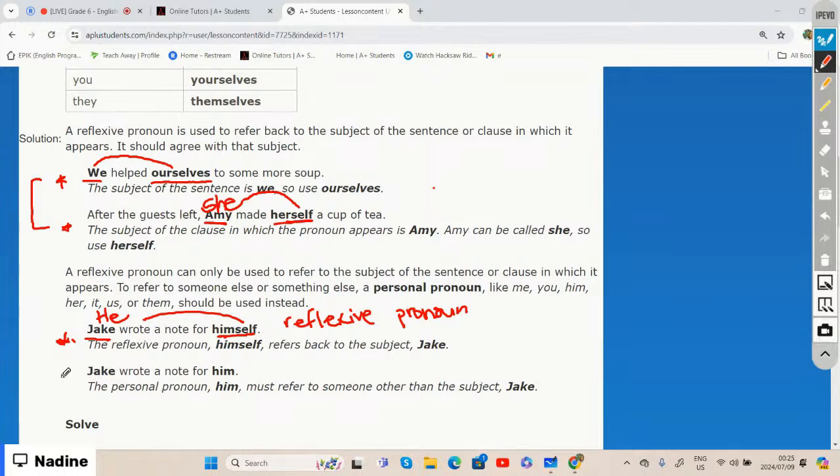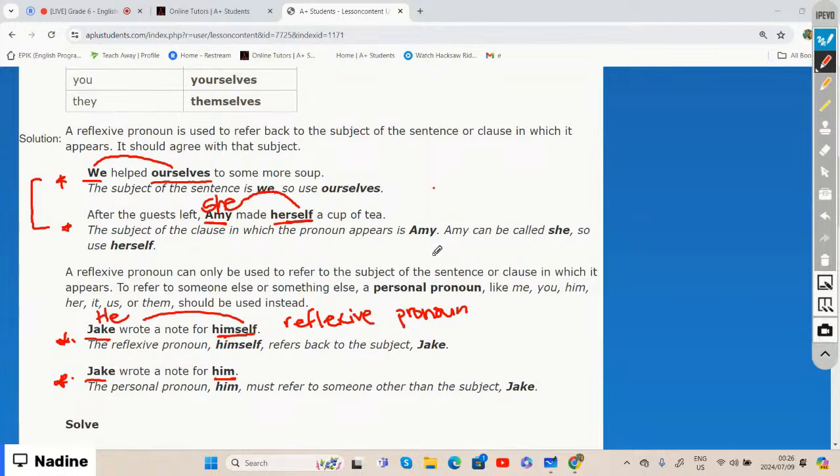And then we have the next sentence, which is Jake wrote a note for him, right? If we say him, that means that Jake could write a note to somebody else. It can be Seth, Jake wrote a note to Nathan, Jake wrote a note to Prabha, Jake wrote a note to any other boy, right?